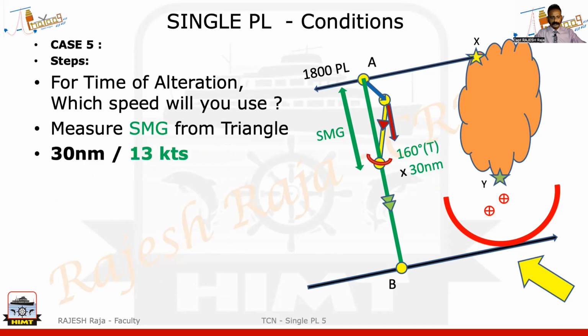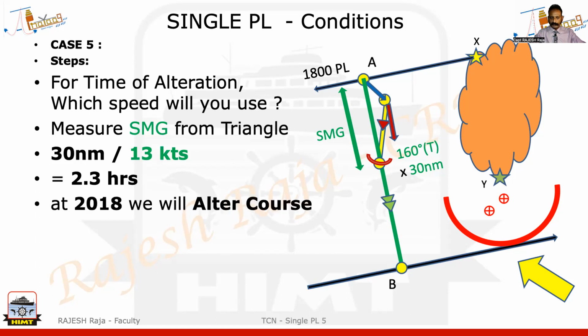Let us say 30 nautical miles divided by 13 knots as SMG. You will get around 2.3 hours, which says that I will sail on a course of 187° true, fighting the wind and the current, and I'll maintain my position on the CMG track. At 2018, I will arrive at Bravo.